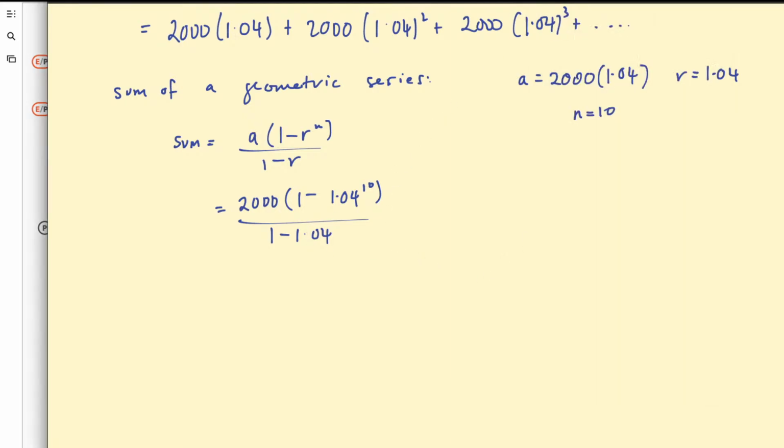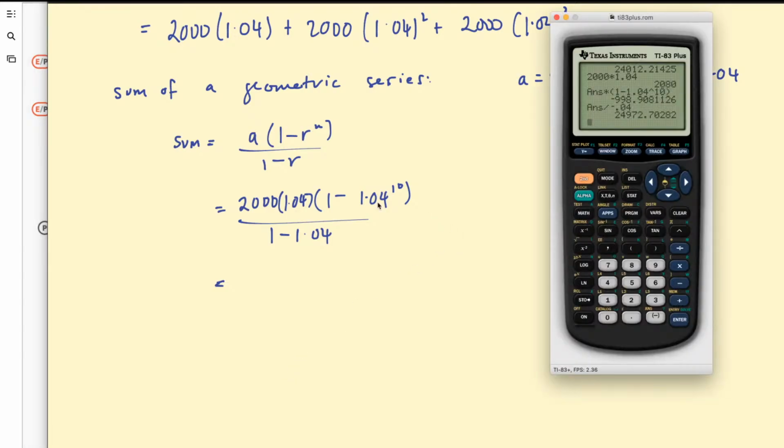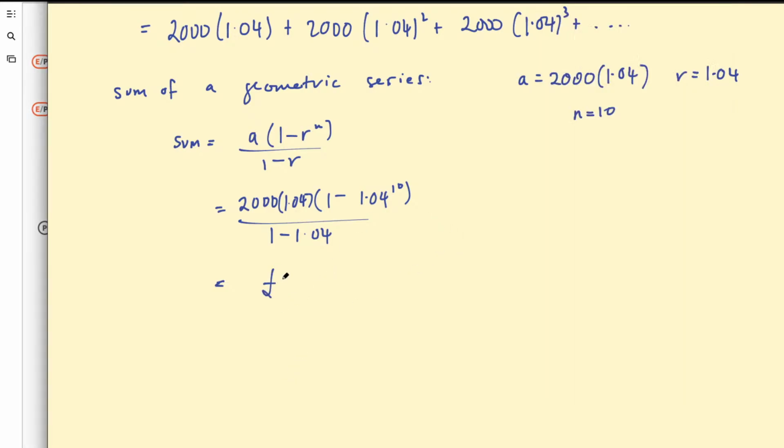So, as usual, just entered something in the formula incorrectly and got the wrong answer. Alright, so final answer there: 24,972.70. Nice one.